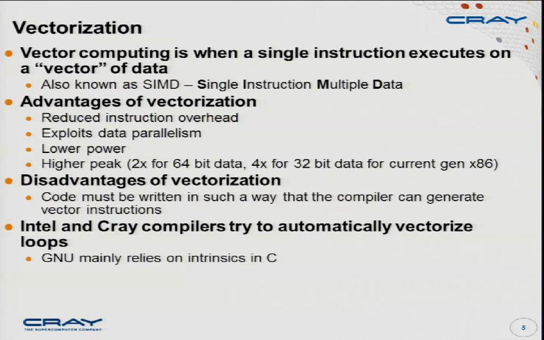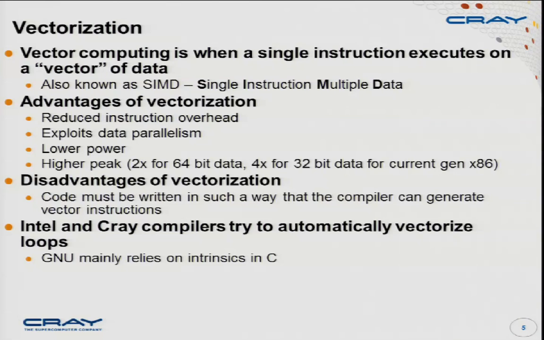On the flip side, GNU, as far as I know and as far as I've experienced, mainly relies on intrinsics in C to vectorize. In other words, they rely on you to vectorize. On the flip side, GNU is pretty good at scalar. I mean, you've got thousands of developers out there hacking on these things, and they do pretty well.